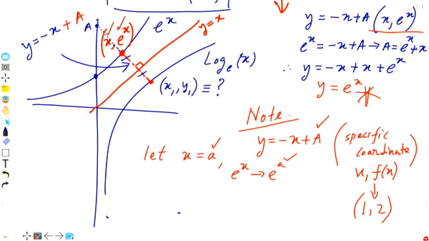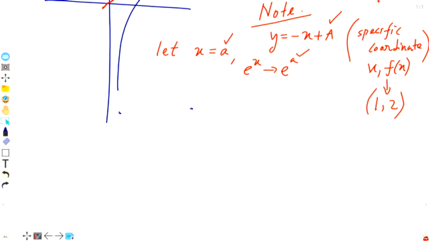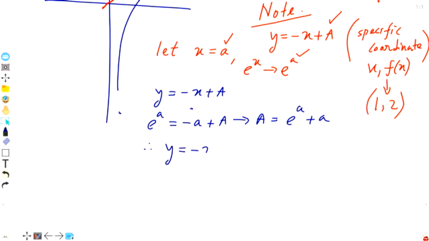When you put specific coordinates, what you get is y is equal to minus x plus a. So here y is equal to e^a, this is minus a plus a. Then you get a is equal to e^a plus a. Then you get y is equal to minus x plus a, where a becomes e^a plus a.